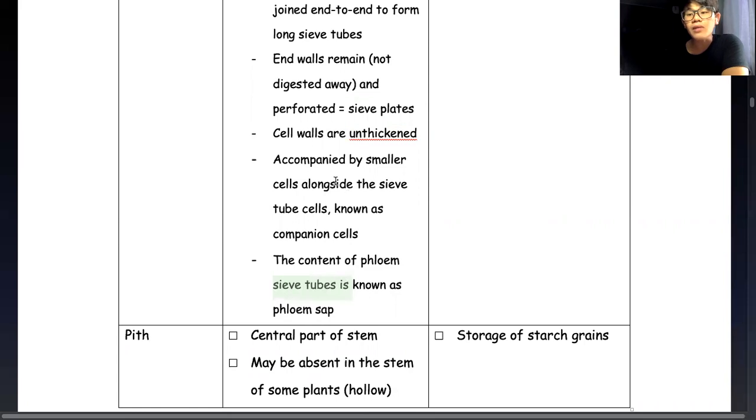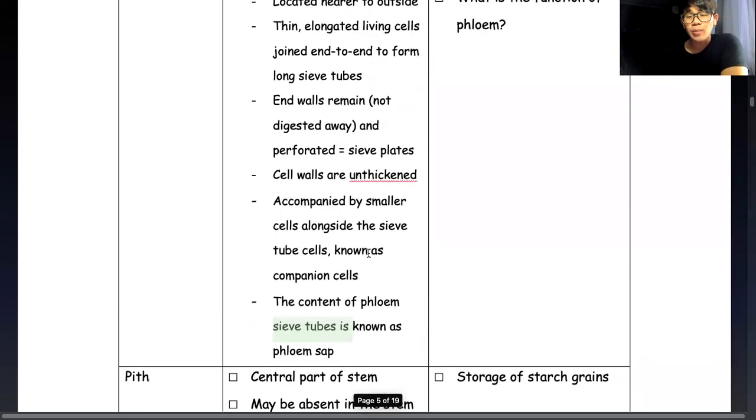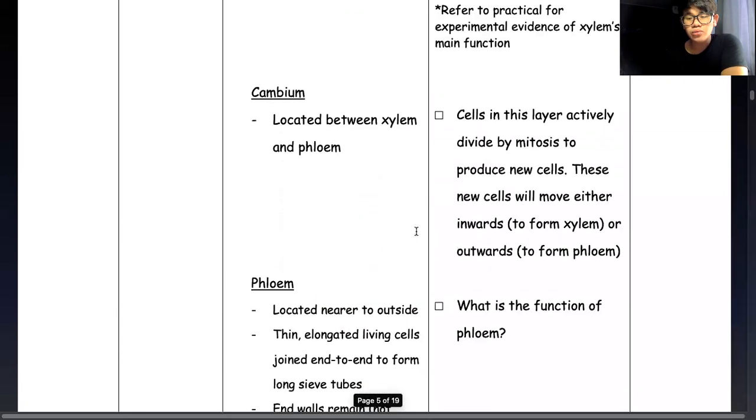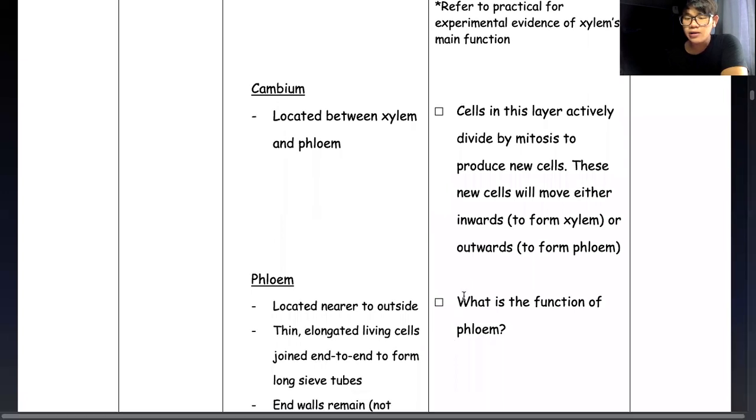Okay. And if you go back to, by the way, here, what is the function of phloem?